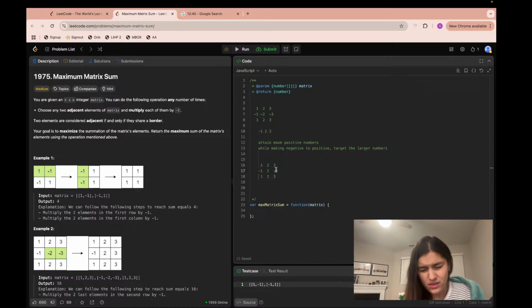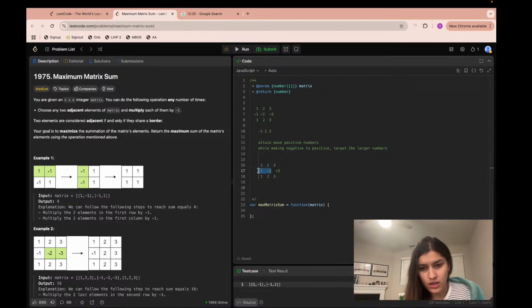Here this is -3 and its adjacent is 2. So I could make this -2 and then this +3, because this is smaller and this is bigger. If I find any number less than this, I can make it positive.